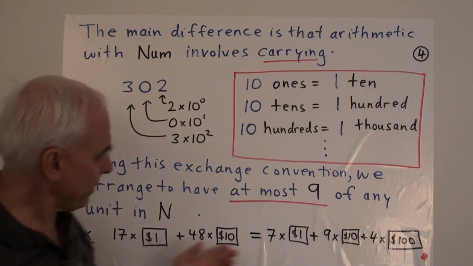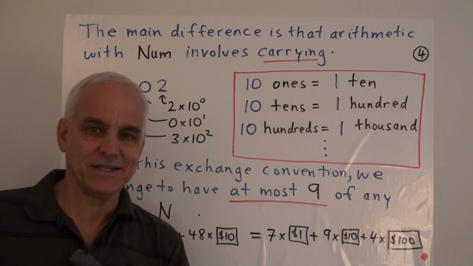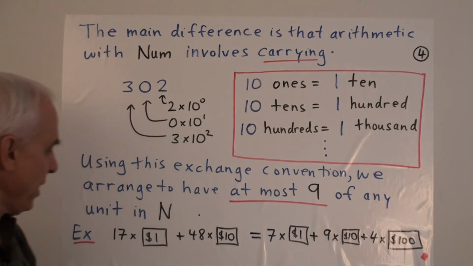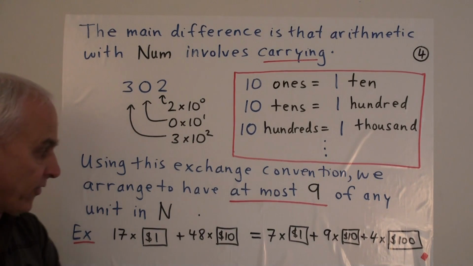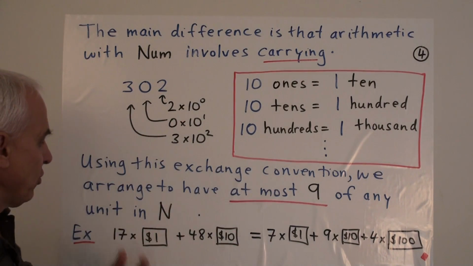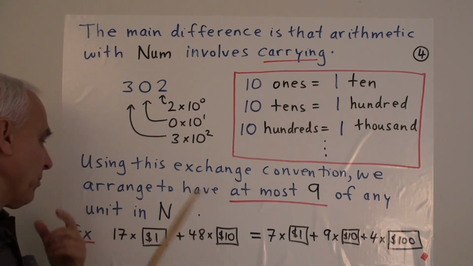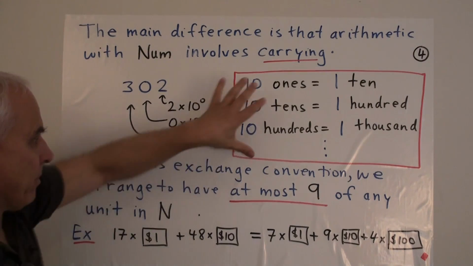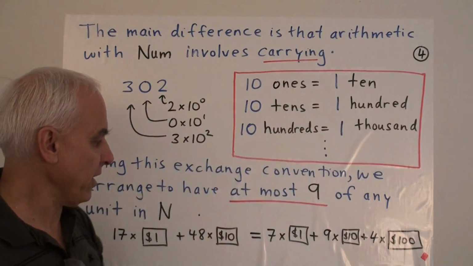And so we can think about this, if we like, going back to one of the earlier videos in the series, going back to primary school. We can think about having 17 $1 bills and 48 $10 bills. And what we're really allowed to do is to exchange, to convert $10 bills into $100 bills, or $10 bills into $1 bills, and so on. But as long as we obey the right exchange rules, which are given here.